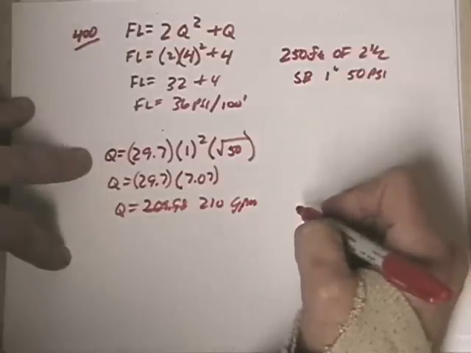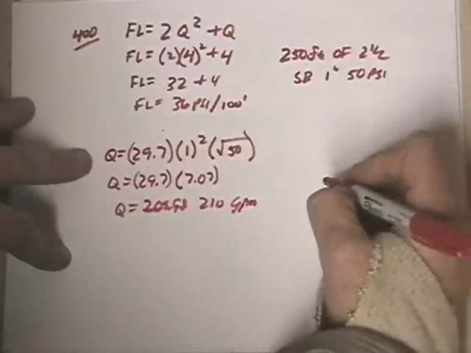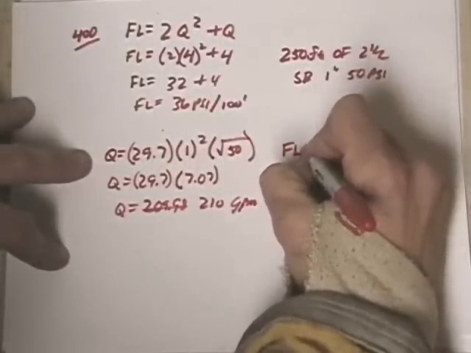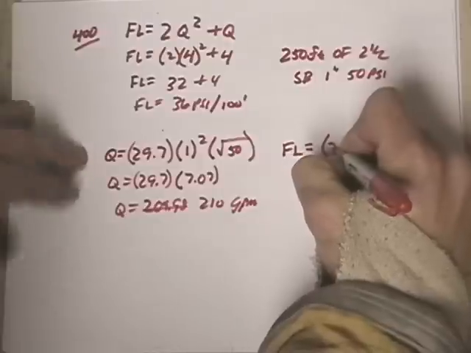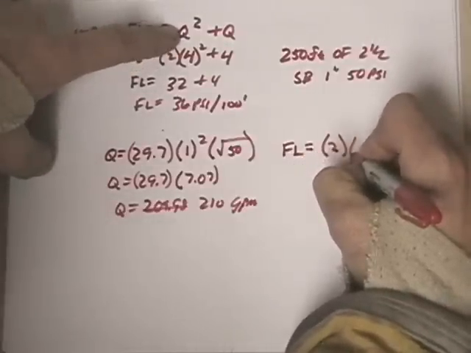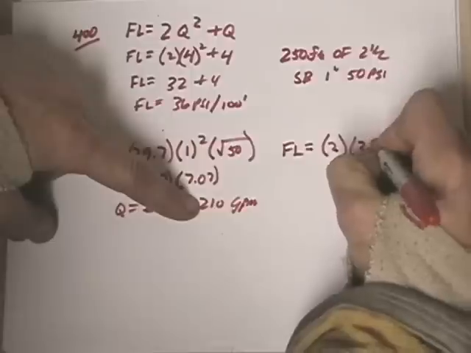We now have the information to go ahead and plug into this other formula. So we're flowing over 100 gallons a minute, so we're going to use this formula. And when we put those numbers in, you're going to have your friction loss is equal to 2 times the flow divided by 100. Our flow is 210, so that's 2.1.